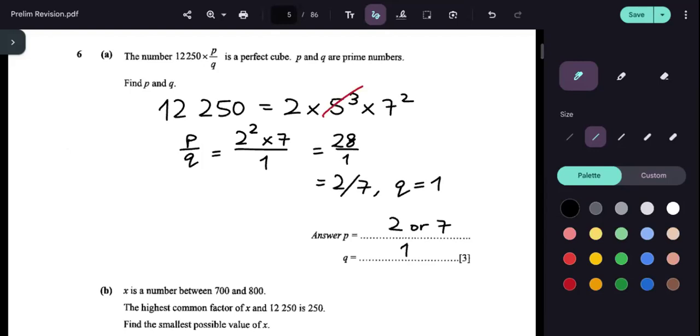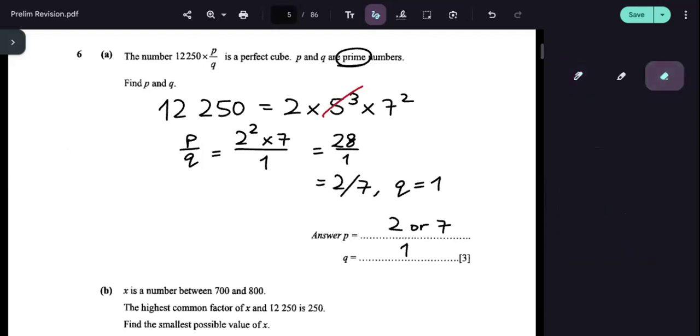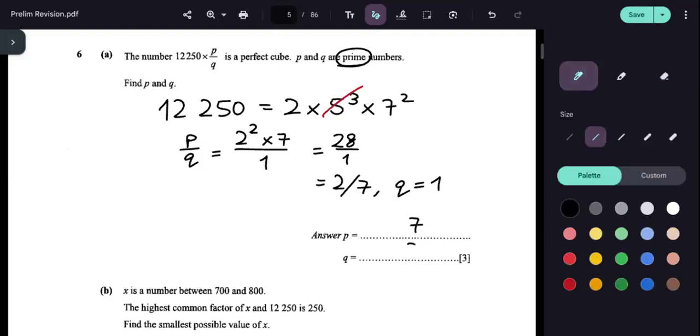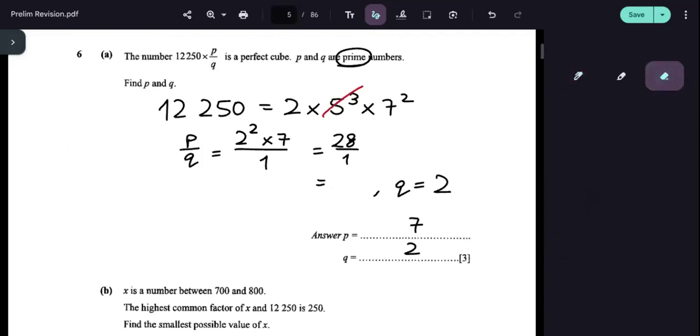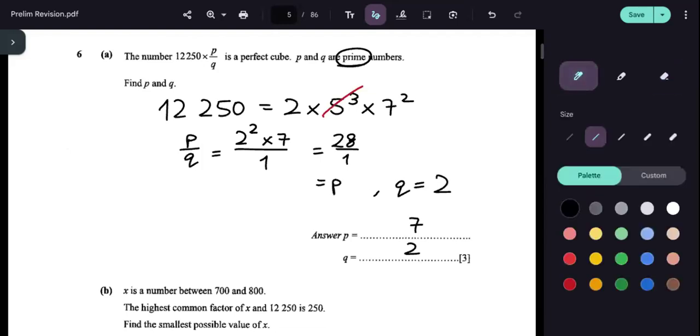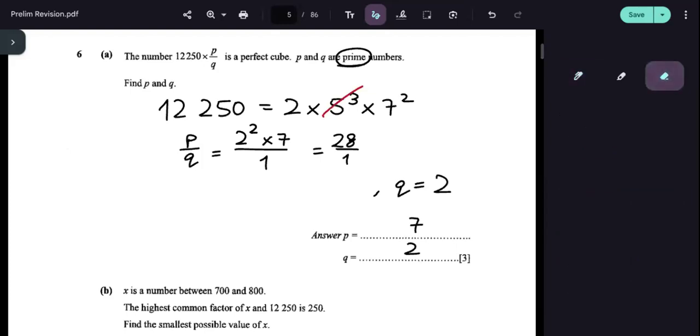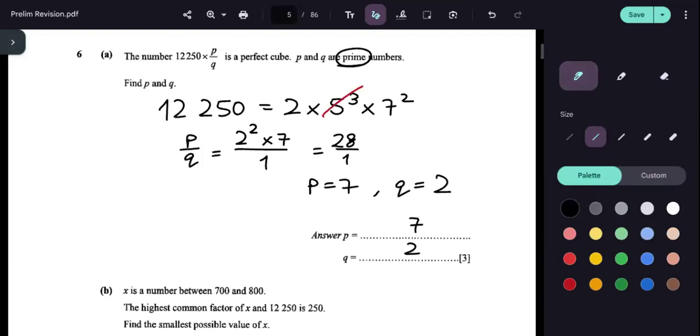But in order for them to be prime, you will need to choose P is 7 and Q is 2, because you need it to be prime. P is 7, Q is 2. Can? So this will be your answer.